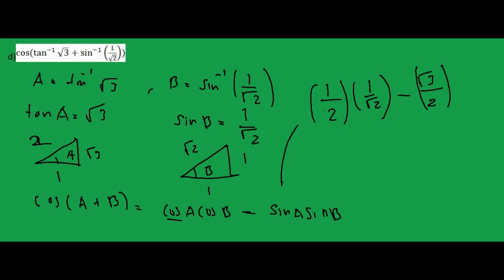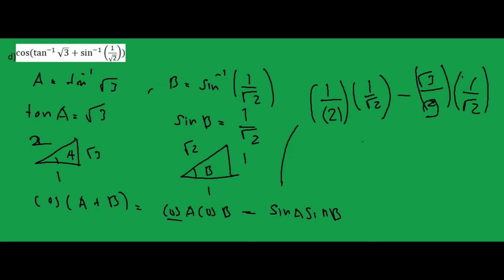Okay, cosine B is 1 over root 2, minus root 3 over 2 for sine A. Sine A is opposite, root 3 over 2, and sine B, which is opposite over hypotenuse, 1 over root 2. So I realized that when I got 2 here, but I didn't get 2 here, so there must be something wrong.